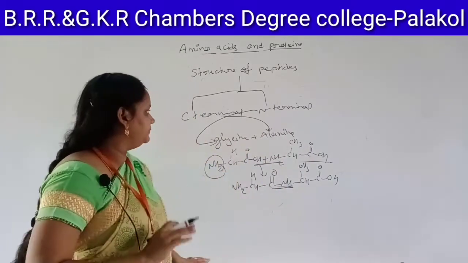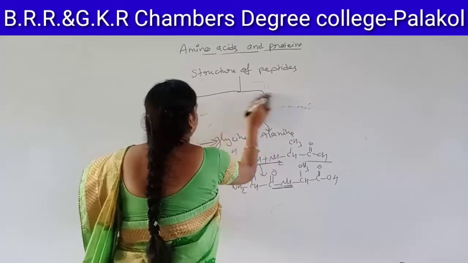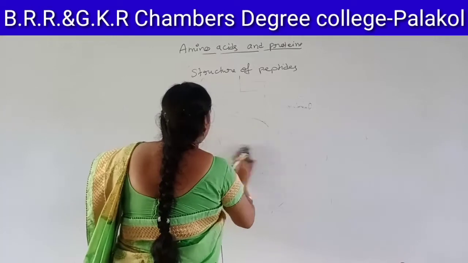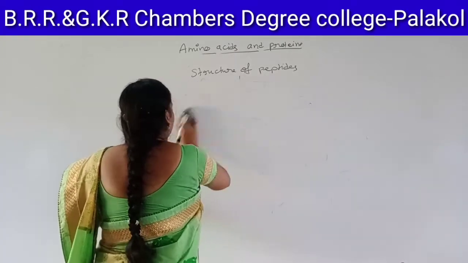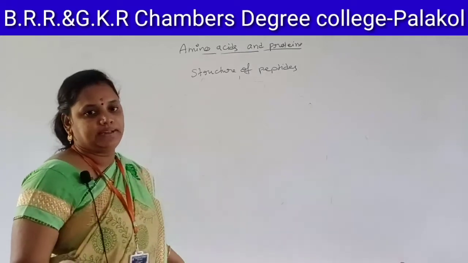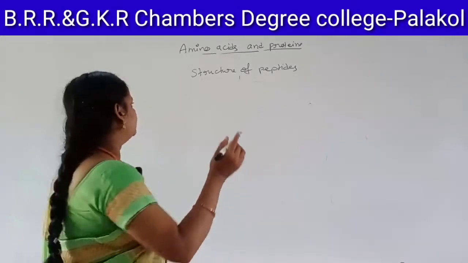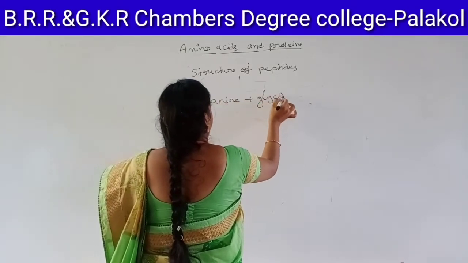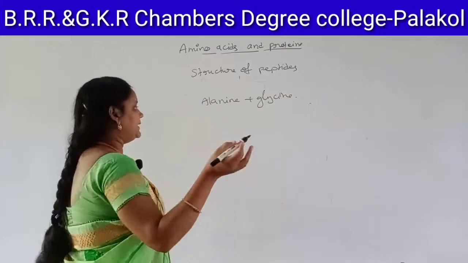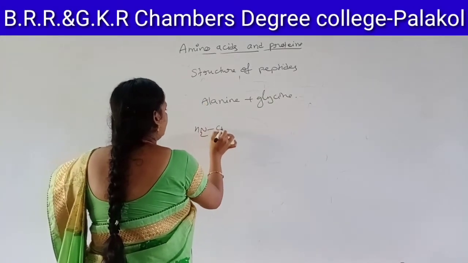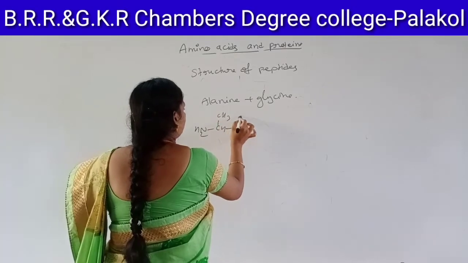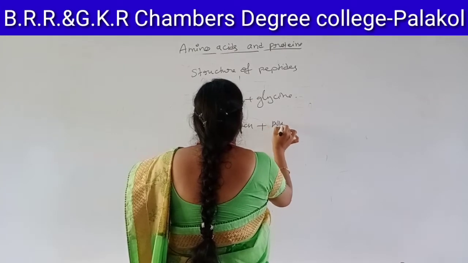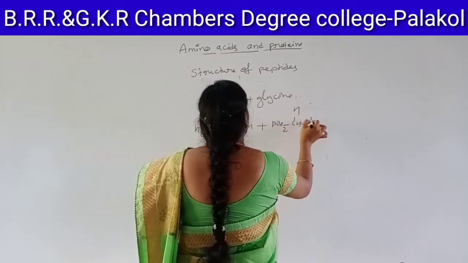I will reverse it now. Previously I added glycine to alanine. Let me add alanine to glycine. So NH2 CH CH3 C double bond OH plus NH2 CH2 C double bond OH.